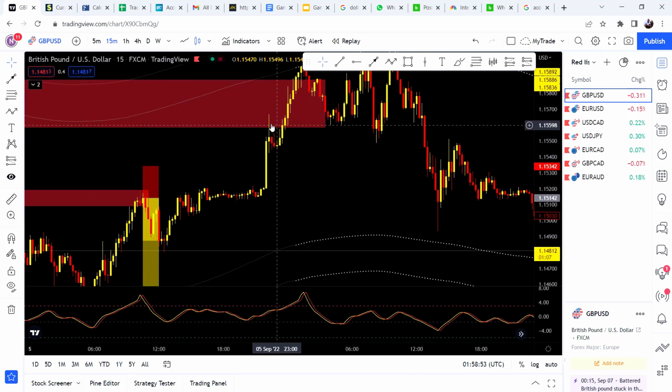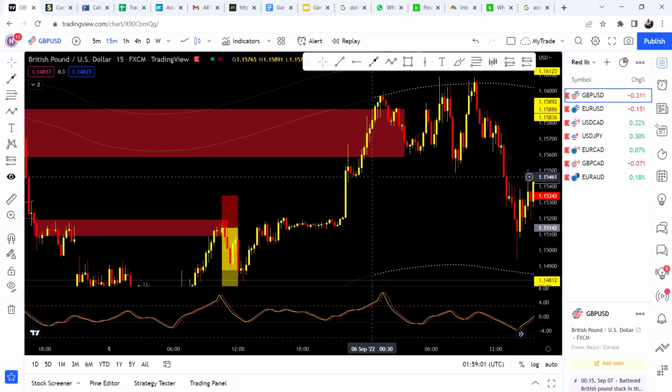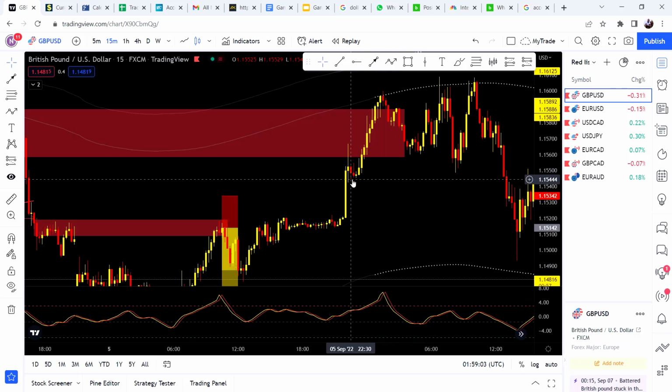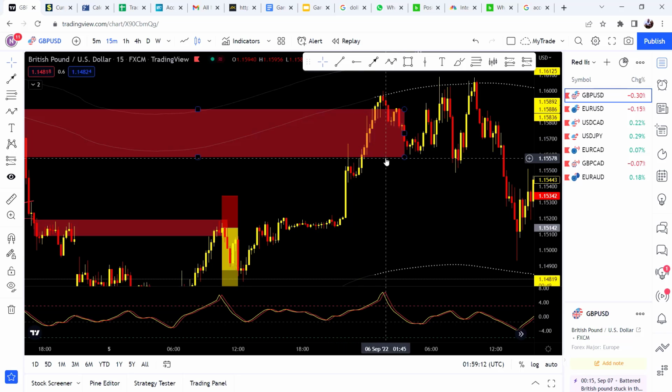So price tapped in for the first time over here. In fact, with this trade, all the time, I didn't consider getting the entry here. The time was okay. I woke up in the morning, and was monitoring things.